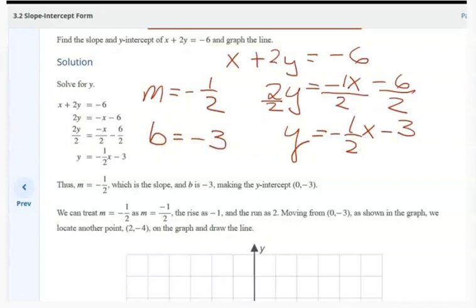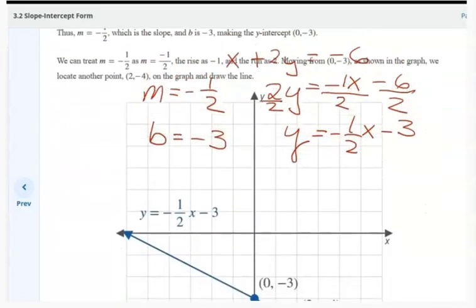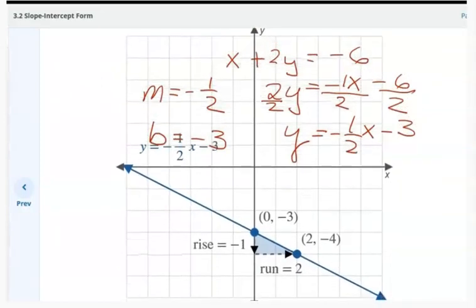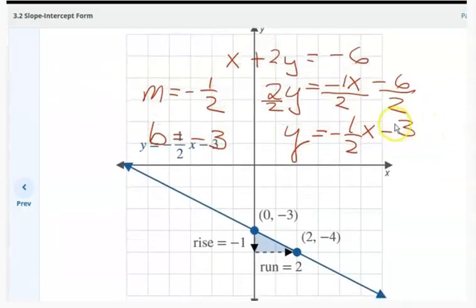So let's use their graph also. So we're going to go to our y-intercept, which is a negative 3, and put a dot there. Now, I like to do it this way. I do my run first.